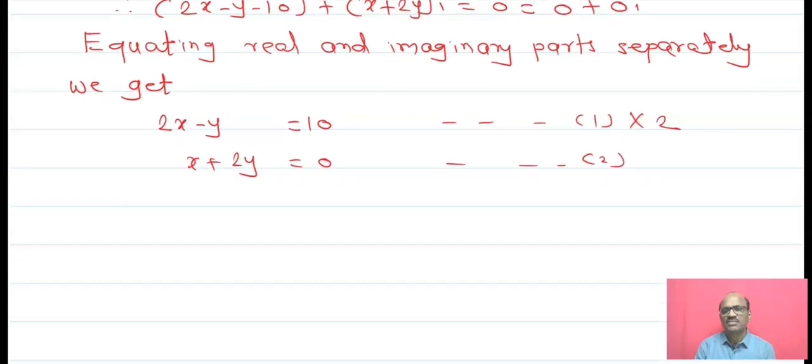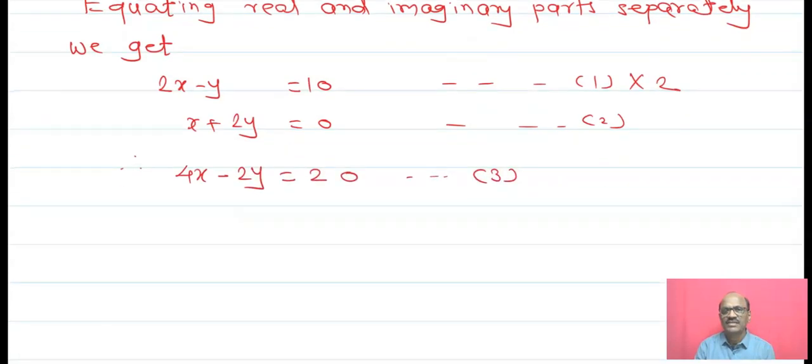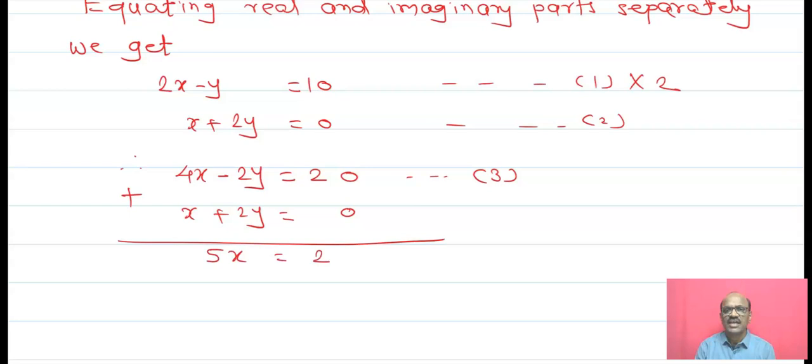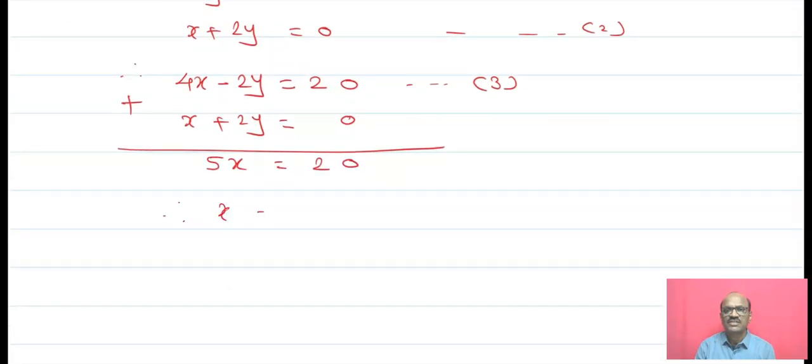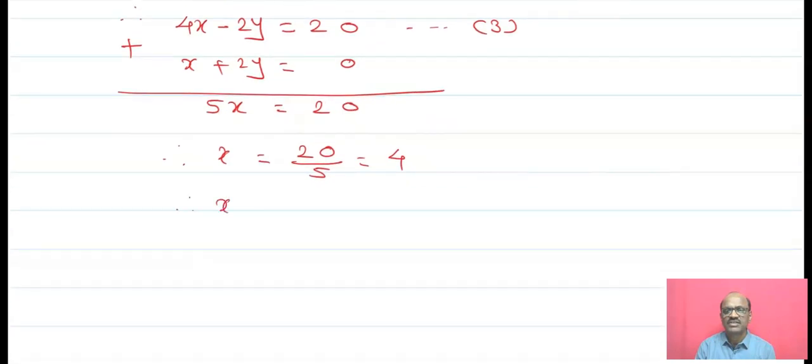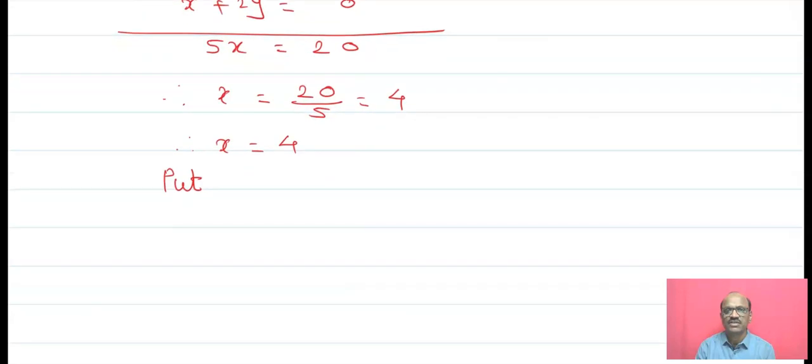Now multiply equation number 1 by 2, then the variable y will be cancelled when we add the terms. That is 4x minus 2y equals 20. This is equation number 3, and add these two equations, that is 4x plus x, that is 5x, equals 20. Therefore x is equal to 20 upon 5, that is equal to 4.